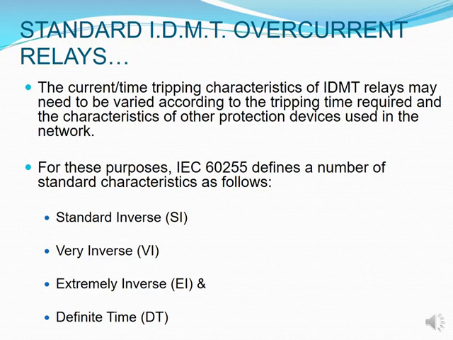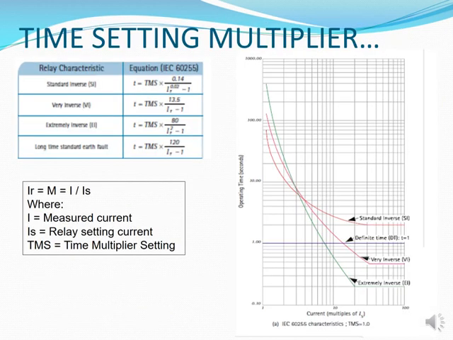So what I want us to look at is the type of IDMT relays that we have. If you look at the bottom of the slide, we have our standard inverse, our very inverse, our extremely inverse, and our definite time. This slide shows the formulas for each of those relays.